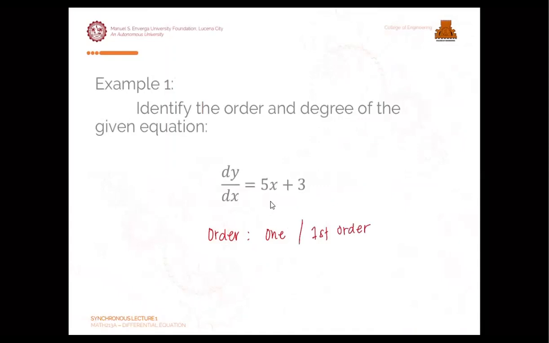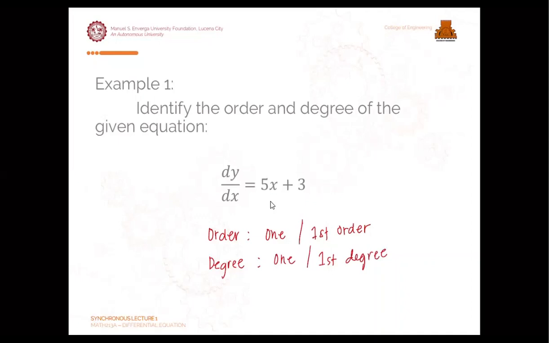Okay. And 'pag sinabi natin kung ano yung degree, yun nga, since hindi naman naka-raise sa power yung mismong differentiation natin, ibig sabihin 1 lang din yung degree natin. Okay? Kaya first degree. So, paano magiging iba yung order and degree?